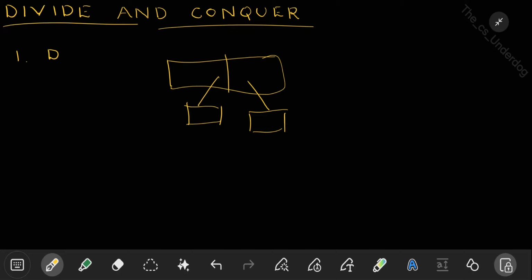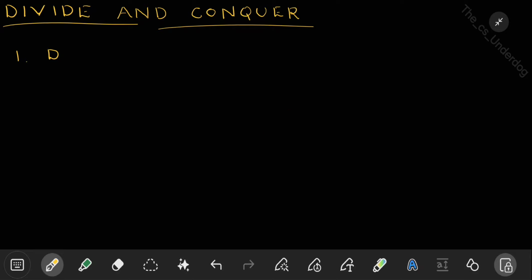Instead, your problem should have this special characteristic that you can divide it into smaller subproblems. This is what you call divisibility. It must be divisible into smaller subproblems, and all the subproblems have to be of the same type.